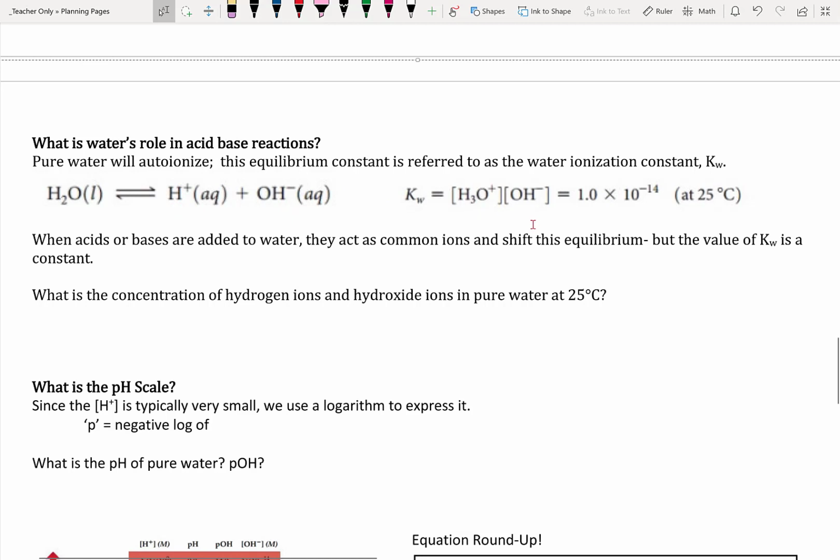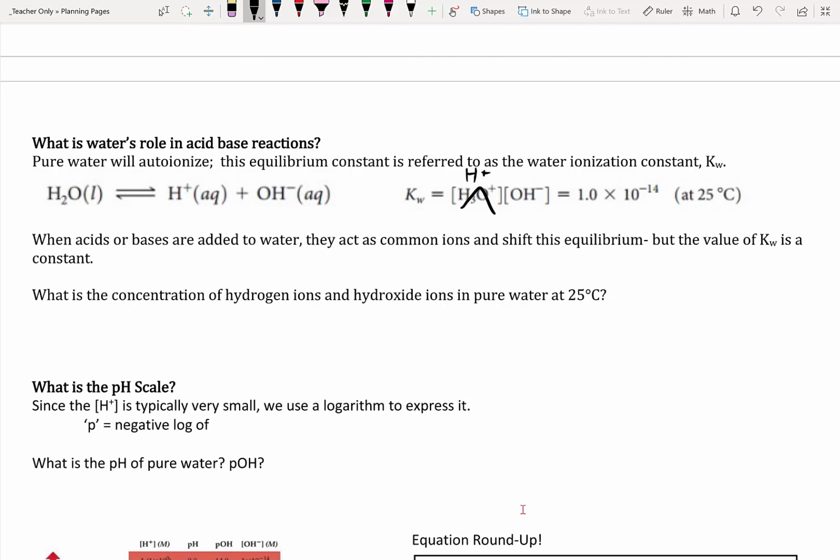And so when we write their equilibrium expression, it is the concentration of H3O plus times the concentration of OH minus. Now, you guys might notice something that some of the reactant kind of changed here. Okay, H plus and H3O plus are used interchangeably. Okay. So we'll go ahead. I like using H plus, so we're going to go ahead and fix it there.